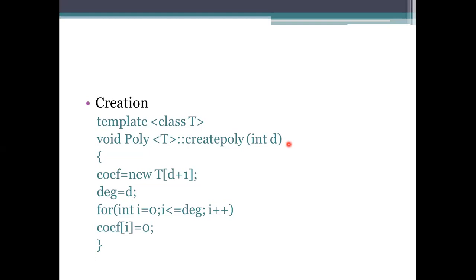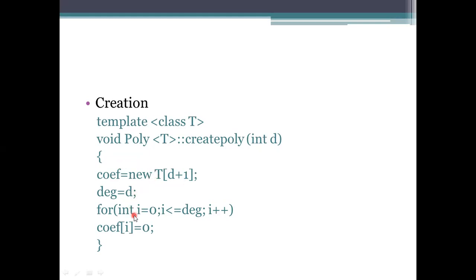Here T is the array representation, specified with size D plus 1. This array will store the coefficients, and the degree is initialized to D.